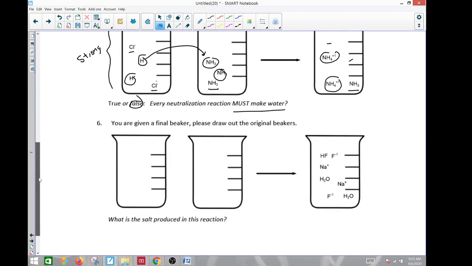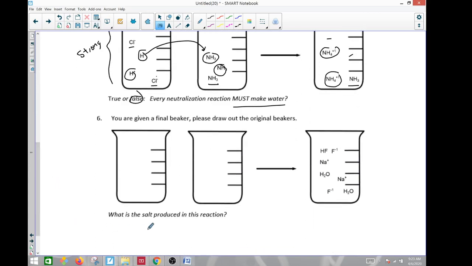Okay, little challenge question here. We got this product beaker here. What is the original acid and what's the original base that would be there? Well, looks like the acid we're talking about is HF, and the base is just going to be NaOH.